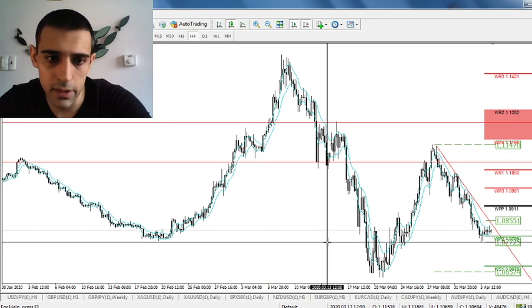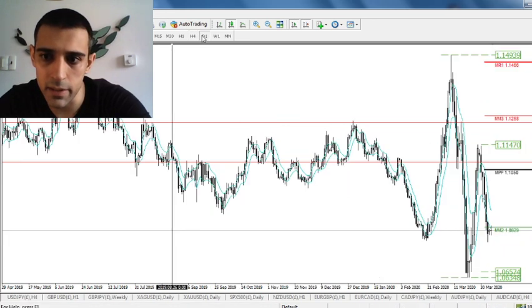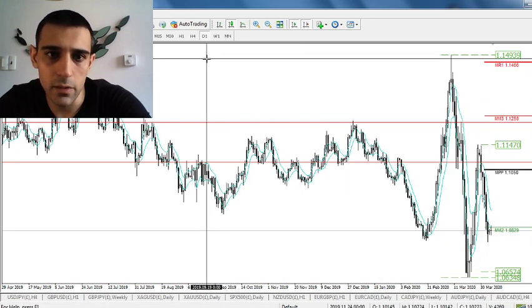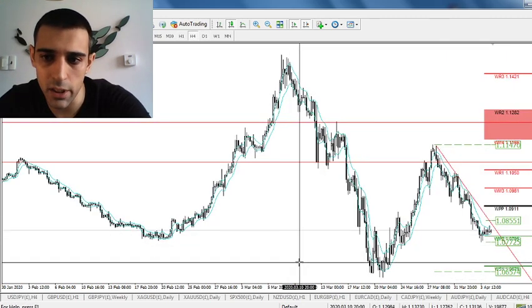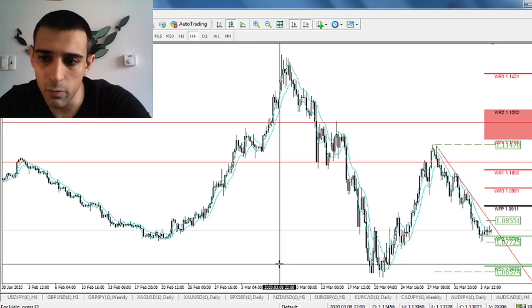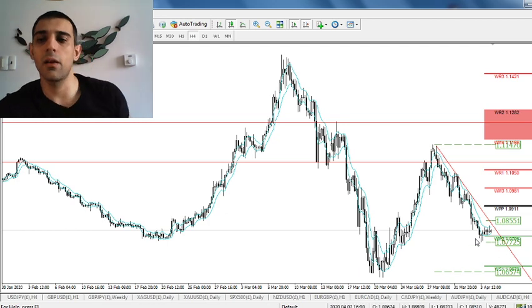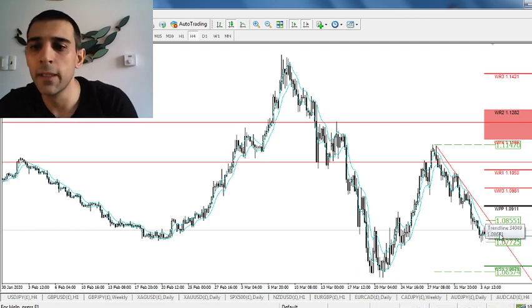The price already tested that, so it should not be a big deal. This one is not an issue already. So I would be holding this currency. This area will be good at 106.85. We've got this weekly S1, so it's only the start of the week.